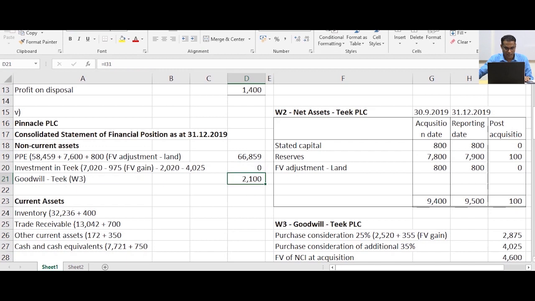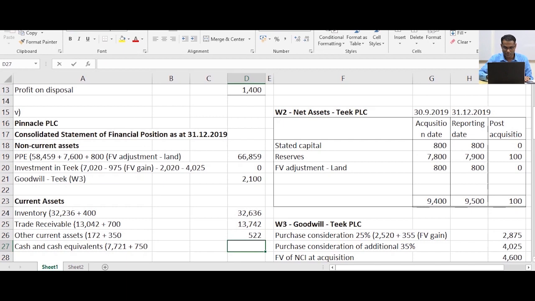Now the goodwill we have taken. Inventory, 32,236 plus 400, 32,636. Trade receivable 13,042 plus 700, 13,742. Other current assets 172 plus 350, 522.